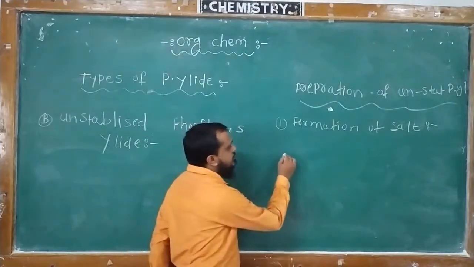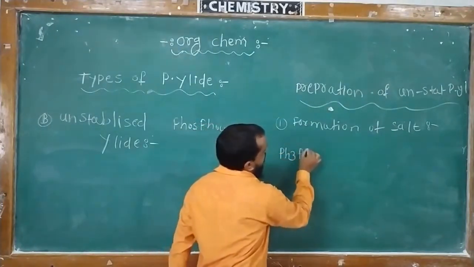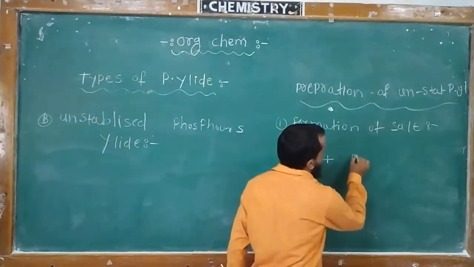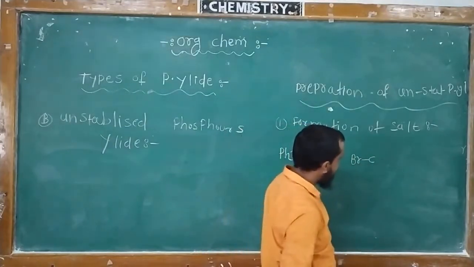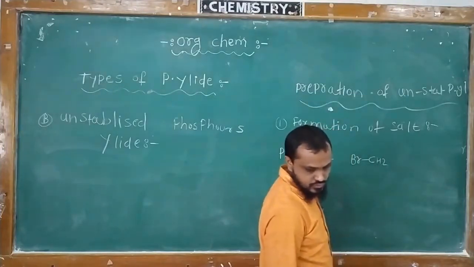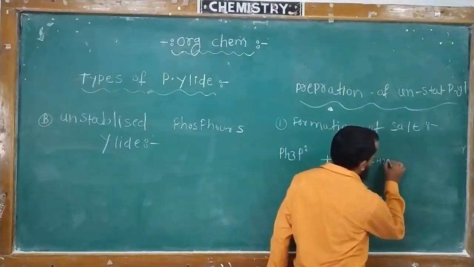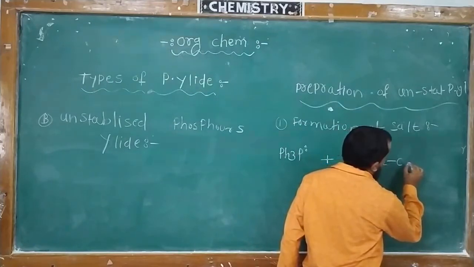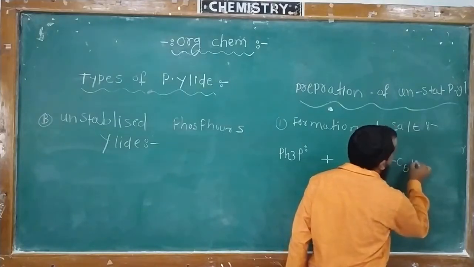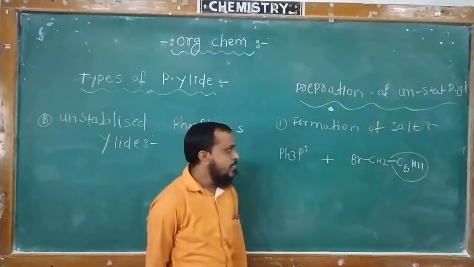Now look here, I am writing triphenylphosphine as the first reactant, and BrCH2C5H11. So C5H11 is the alkyl group.